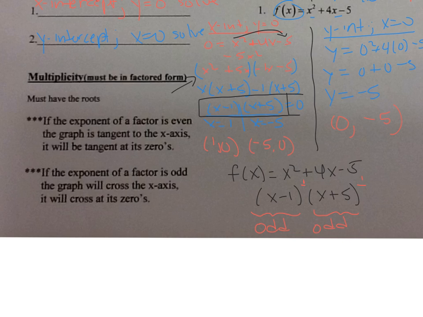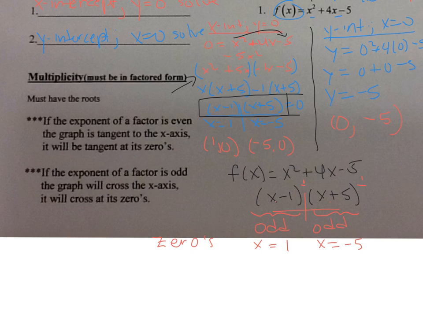All right, now I also want you to write down what their zeros are. So remember, you could do this in your head. Think about, we would make a T-chart here, set each one of these equal to 0, which I did up here. And so I would have x is equal to 1 and x is equal to -5. Those are my zeros.